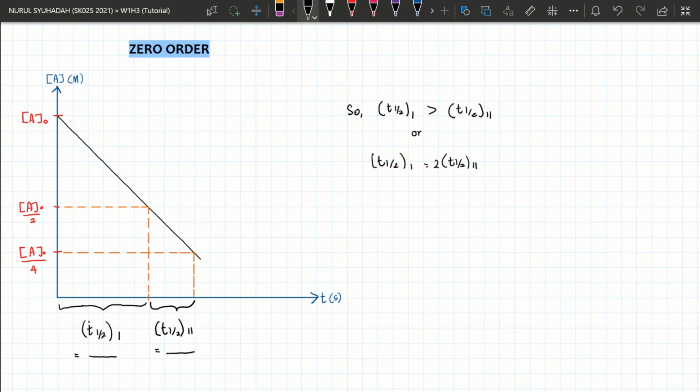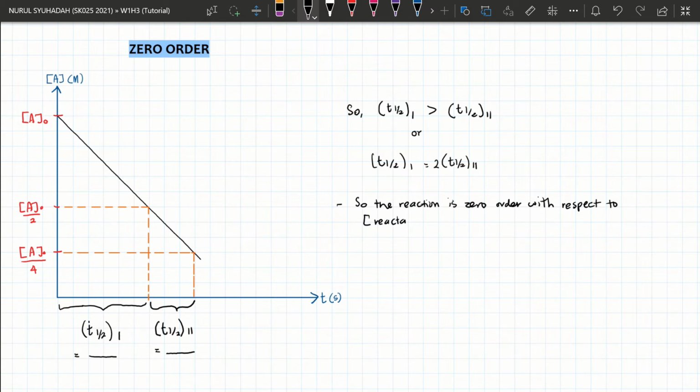So you will need to make a statement, okay, to conclude, so the reaction is zero order with respect to the concentration of the reactant.